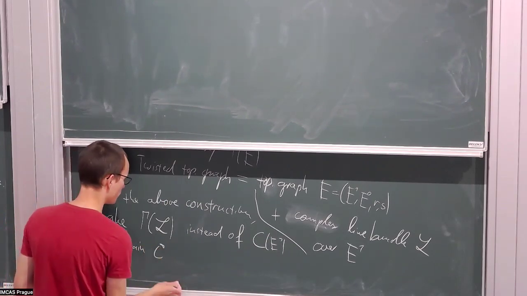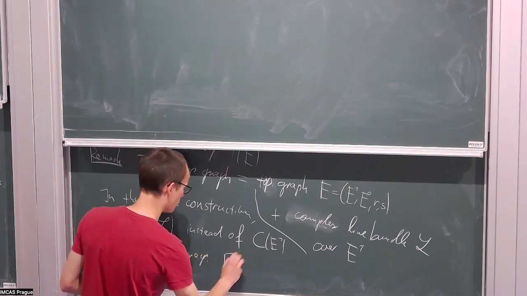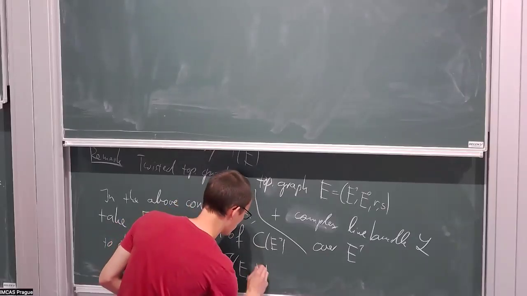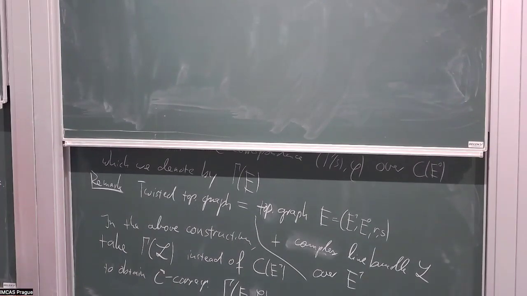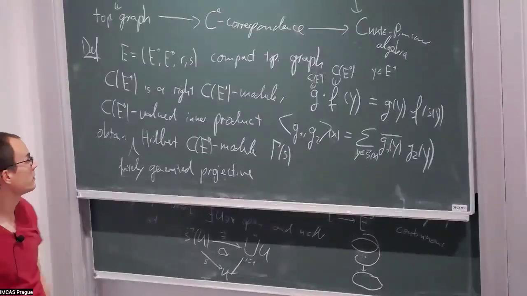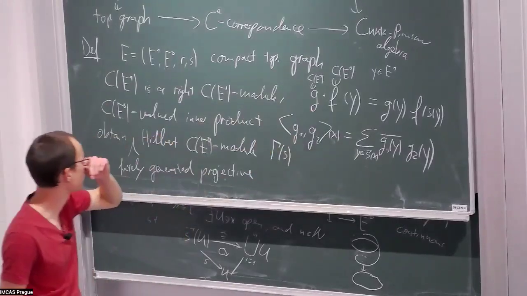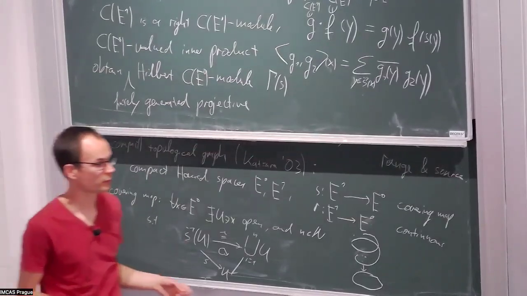And we again obtain a C-star correspondence, which we call gamma of E L. So everywhere here, you can swap C of E1 with the continuous sections of this line bundle. You still have this multiplication. You can still define the inner product, and you obtain a C-star correspondence.